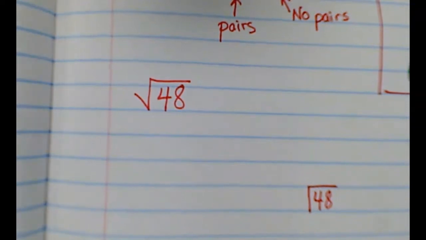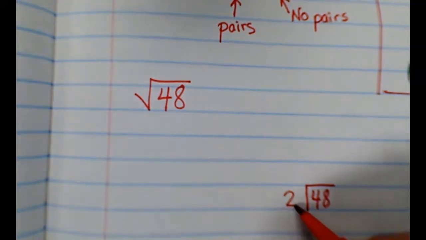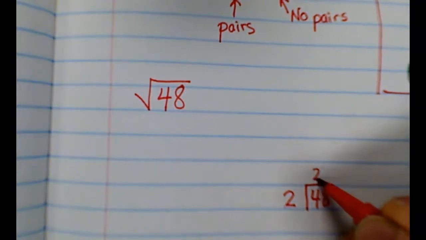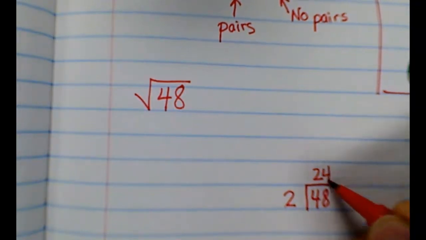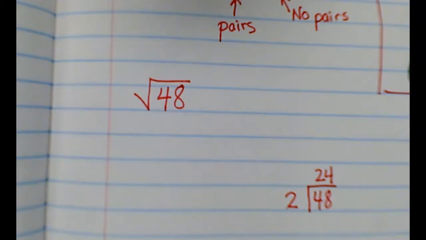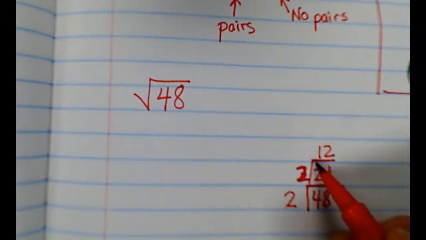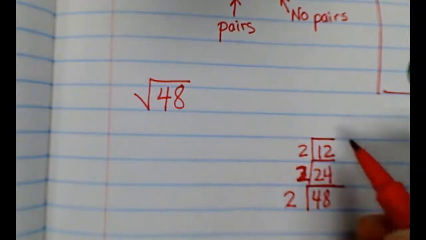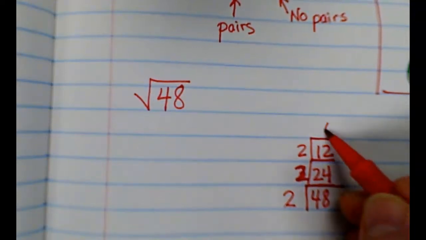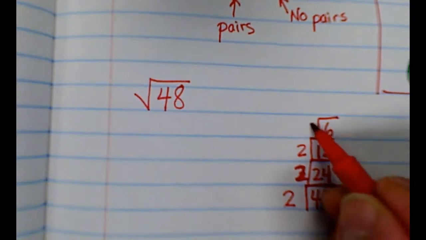and the reason this is a good process is because you start the same way every time. If you can, divide by 2. Can I divide by 2? 2 will go into 48, and I get 24. And you keep dividing by 2 as long as you can. 2 will go into 24. 2 will go into 12. 2 will go into 6.